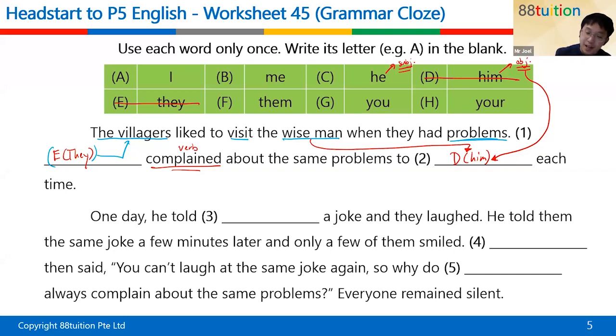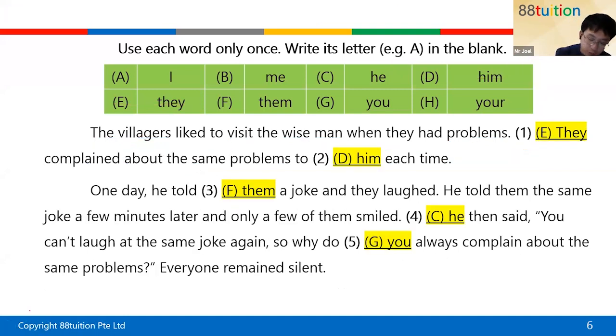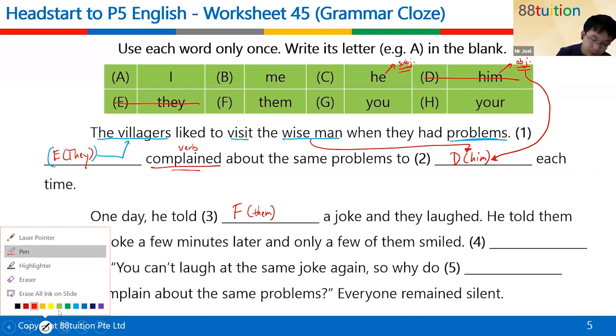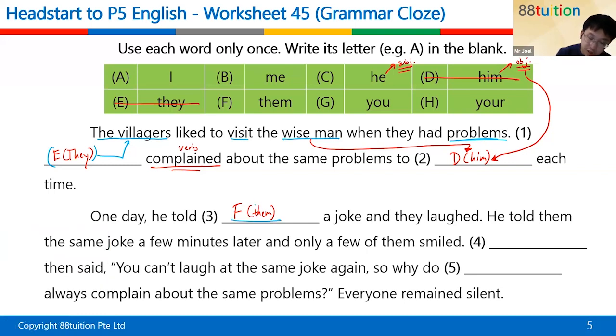The answer here is actually F. "Them," once again referring to the villagers. He told them a joke, and they laughed.